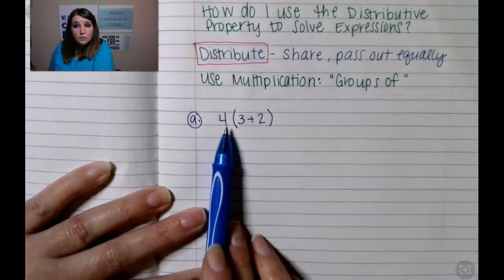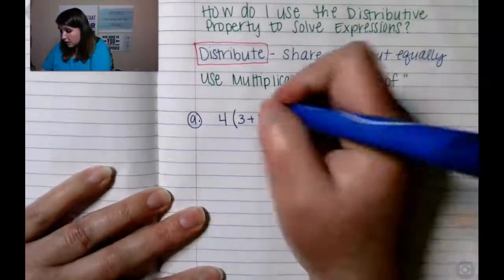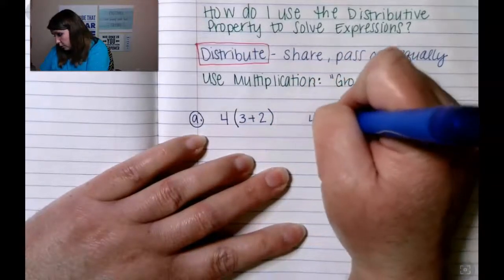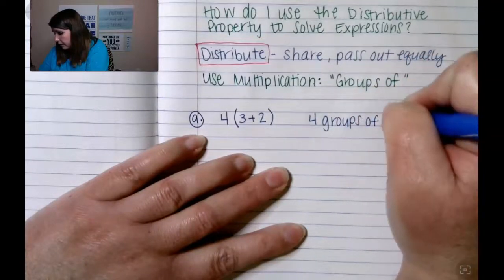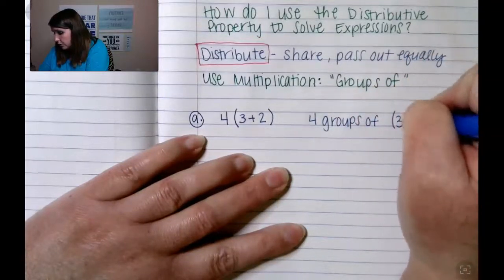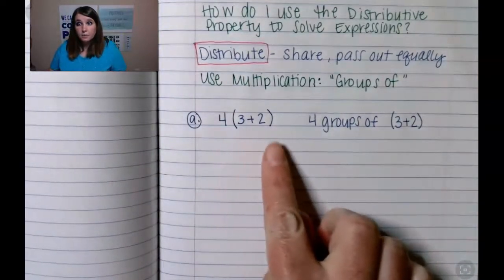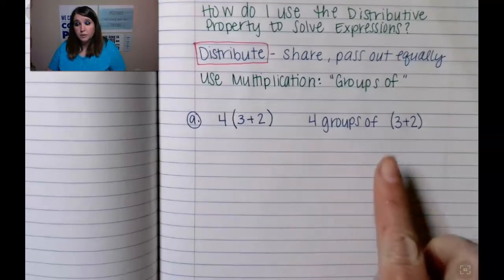And so we're going to read this as 4 groups of 3 plus 2. So we have 4 groups of 3 plus 2.